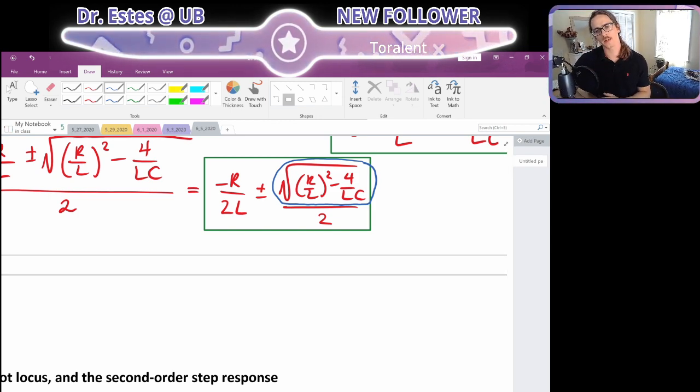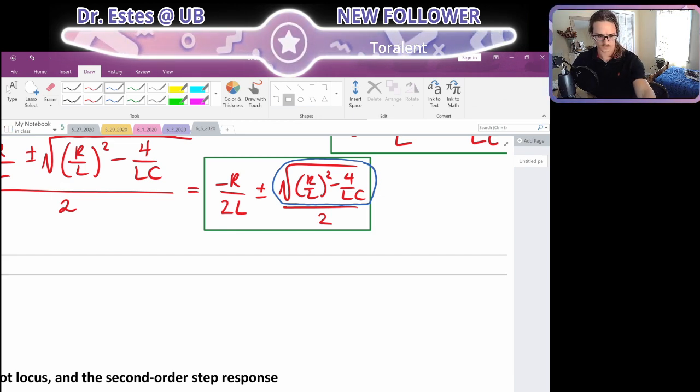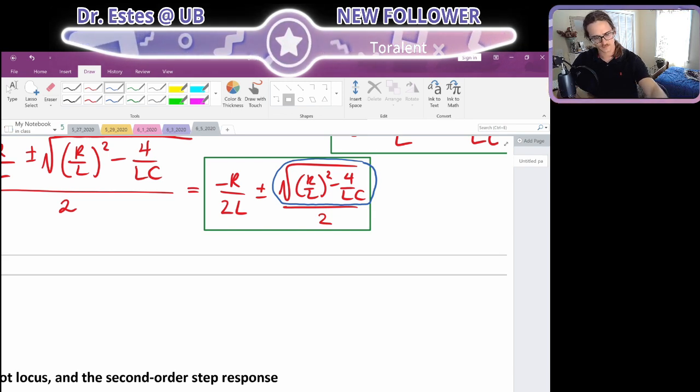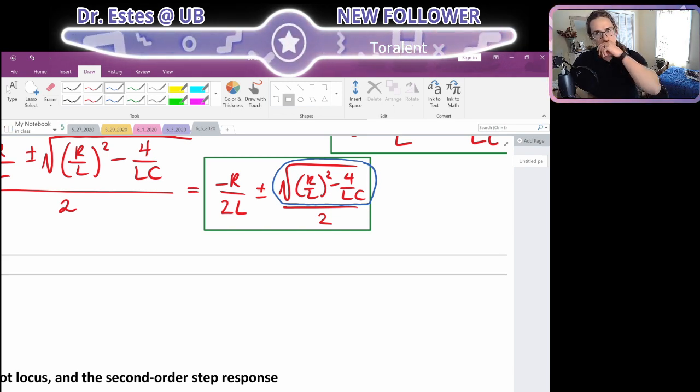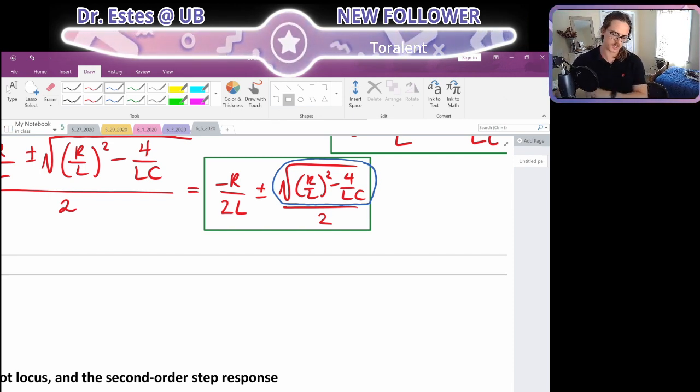I want to analyze this system from the perspective of the resistance. So we'll run an experiment and see how the resistance changes the behavior here.